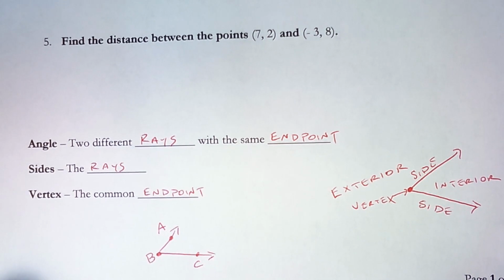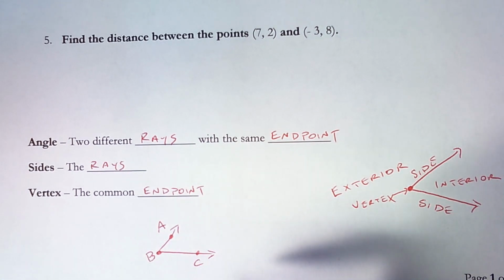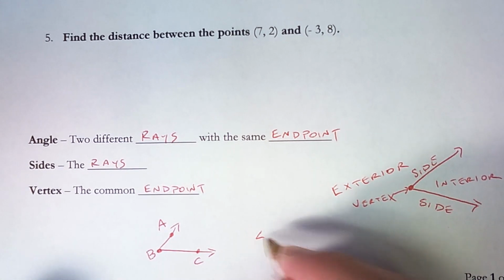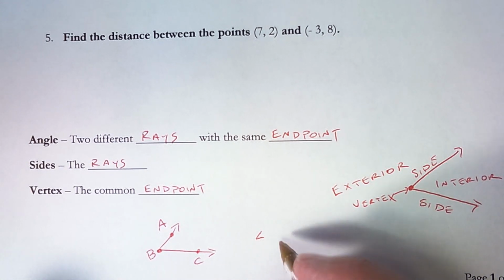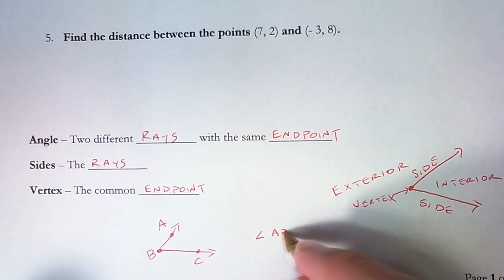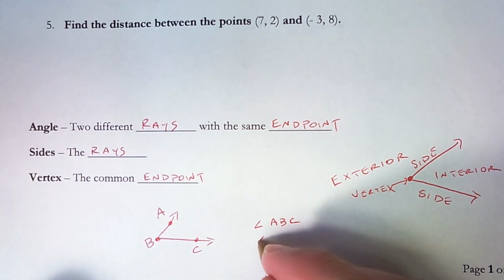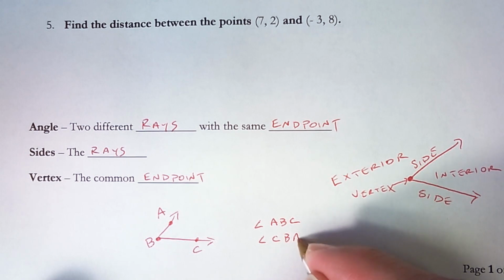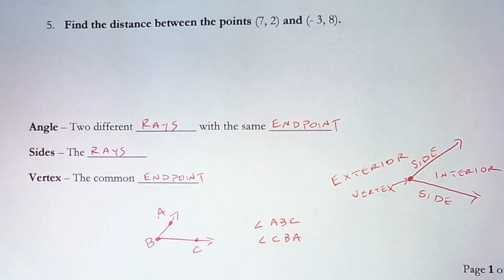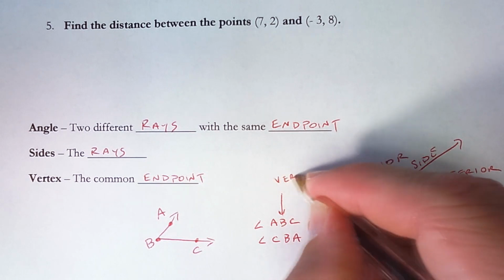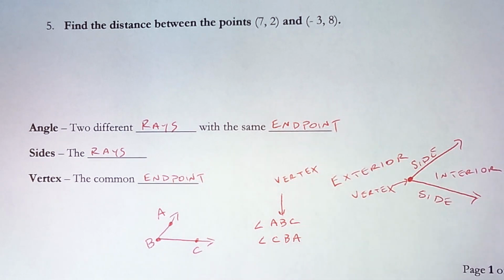Okay, now let's talk about how to name this angle. So I could call this angle, see there's an angle symbol, angle ABC. I could also call it angle CBA. But notice both times the vertex is in the middle. We have to name it with the vertex in the middle.